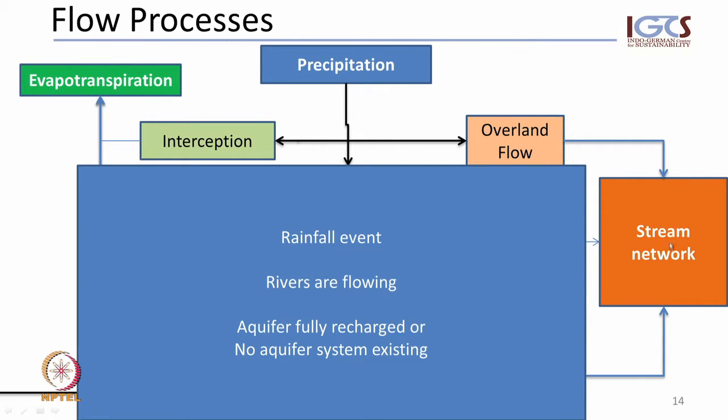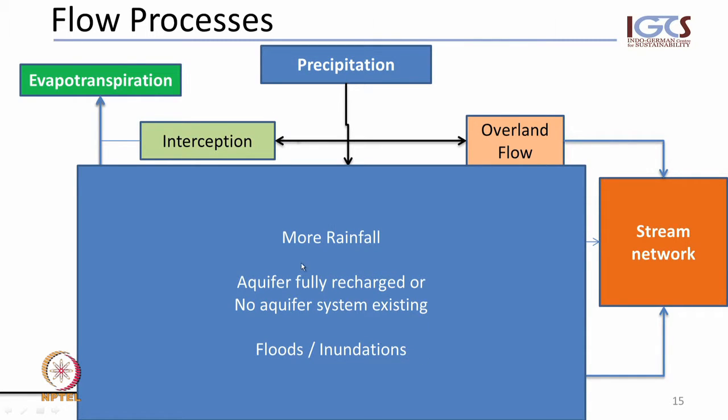We have flowing rivers right now. If this is the case, then we can assume that either we don't have any aquifer system in our region, that we may have only impermeable layers in our particular area, or that our aquifer is fully recharged.